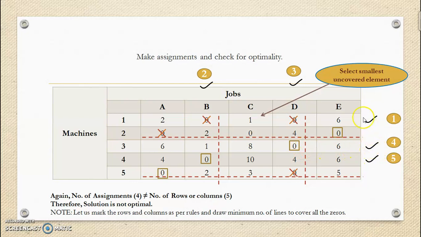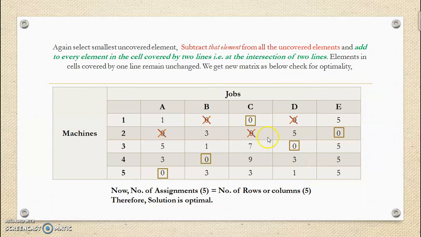This is continued until the condition is met: a row which has non-assigned zeros. So again check the smallest uncovered element, add it at the intersection points, subtract from uncovered elements, and we get the new matrix here. In this matrix we get the optimum assignment.